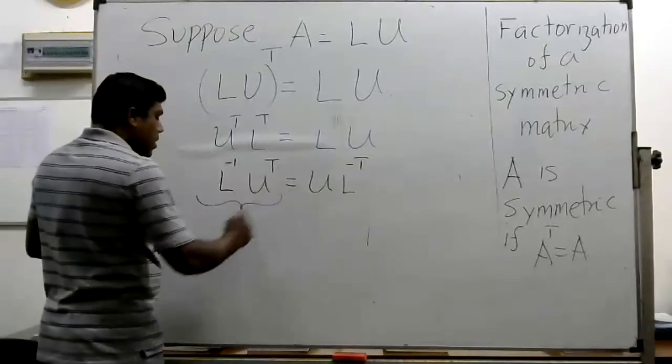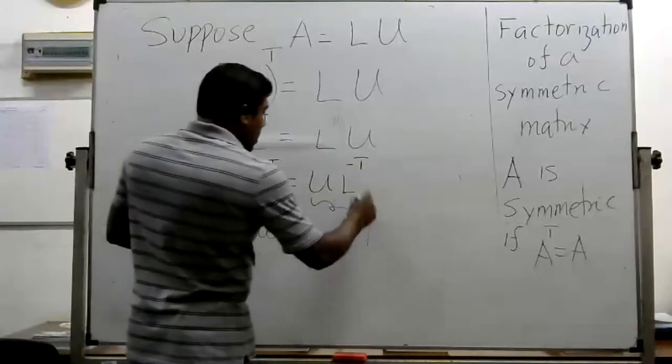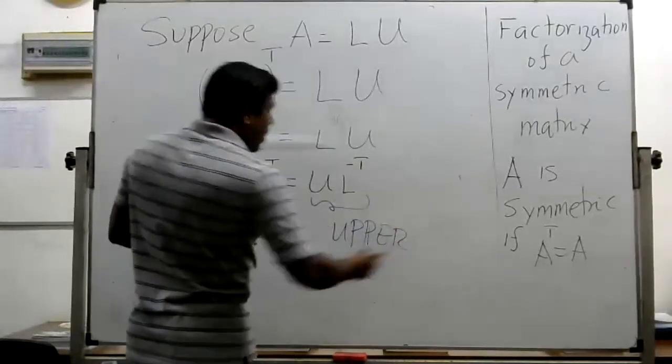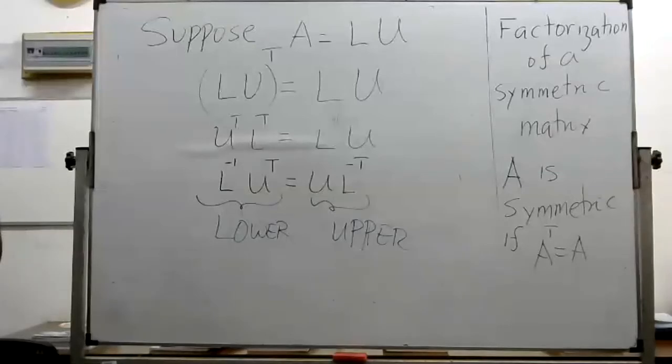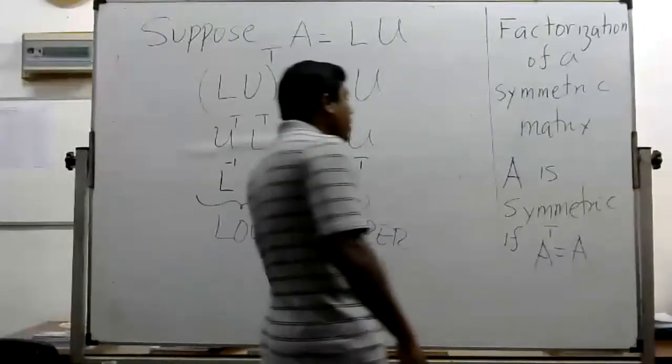So this is lower, and this is upper triangular. Okay? So I have a lower triangular matrix equal to an upper triangular matrix. Right? The lower triangular matrix is equal to the upper triangular matrix.